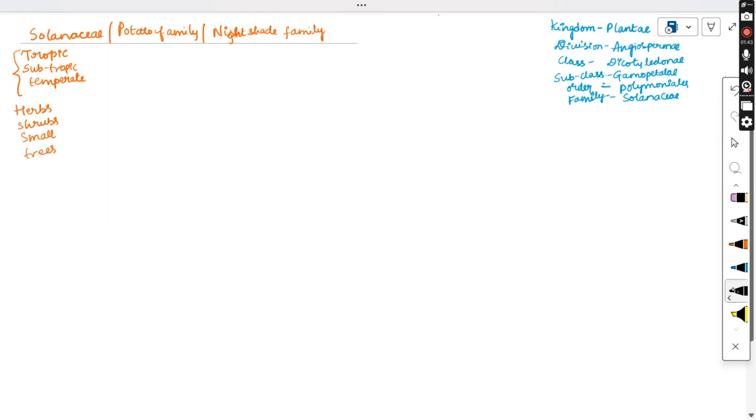So let us write the formula, then we can go with the floral diagram. The flowers of the family Solanaceae may contain bracts. If a bract is present, we mention it as bracteate, or sometimes ebracteate or ebracteolate. So these flowers contain the bract, that's why they are bracteate.